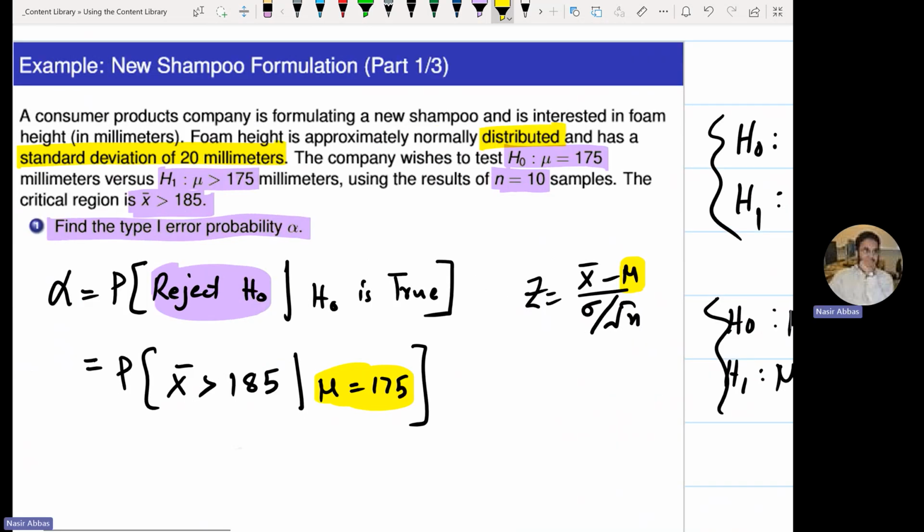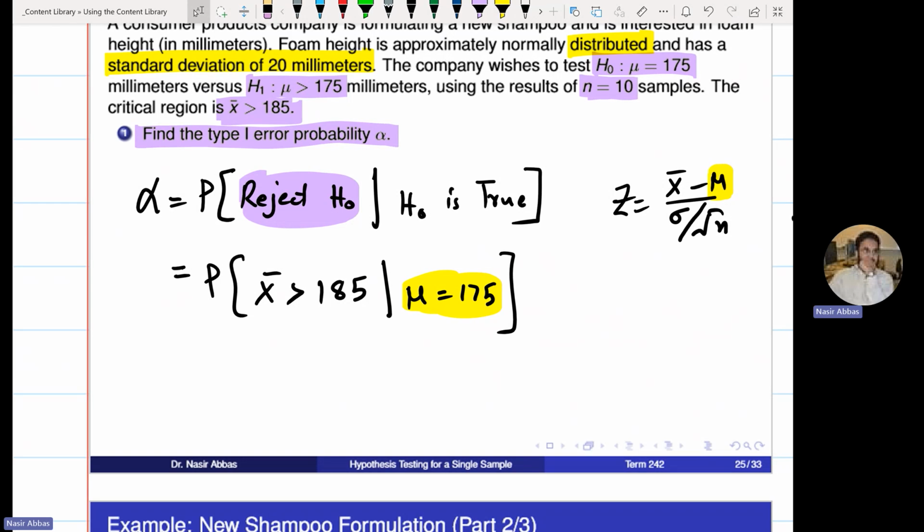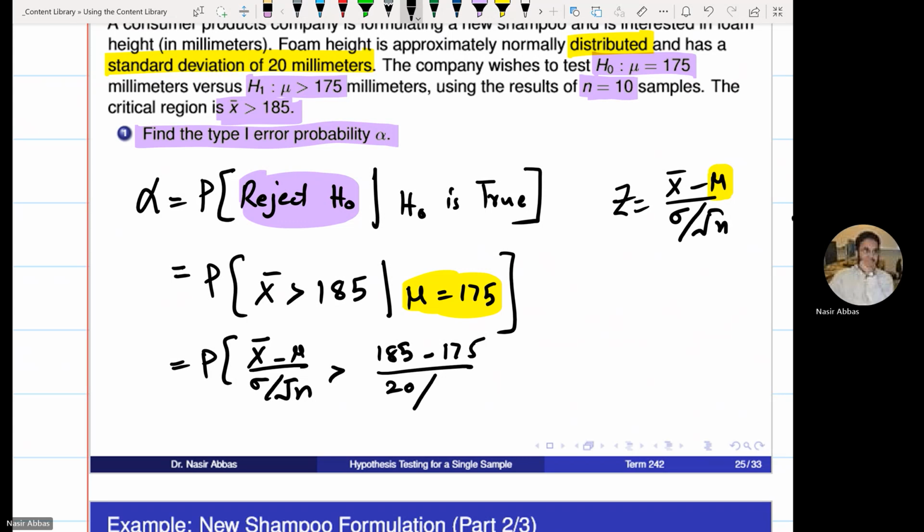So let's transform it to Z. This is the probability of X bar minus mu divided by sigma over root of n, 185 minus, I will put the condition in now. Is it 175? Yeah. 175 over, what is the sigma? What is n? And that's it. You already applied that condition of mu being 175.